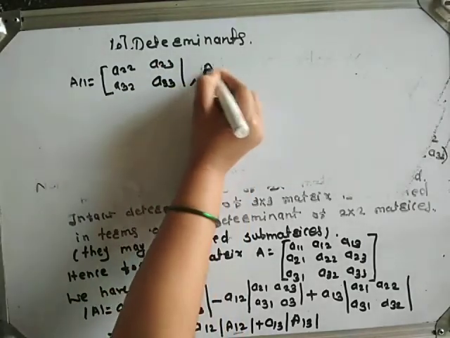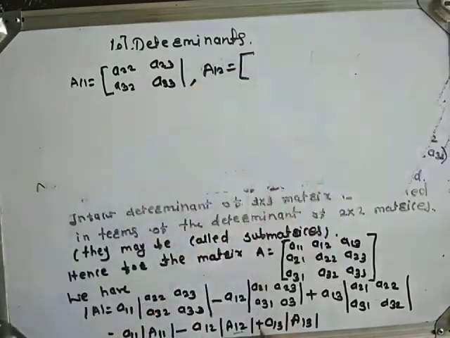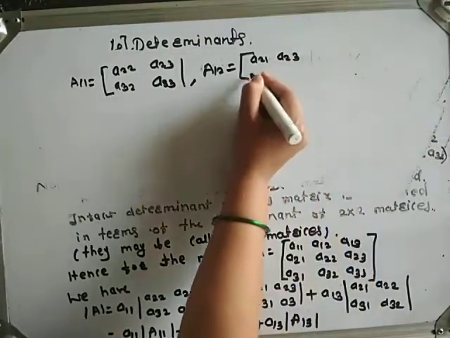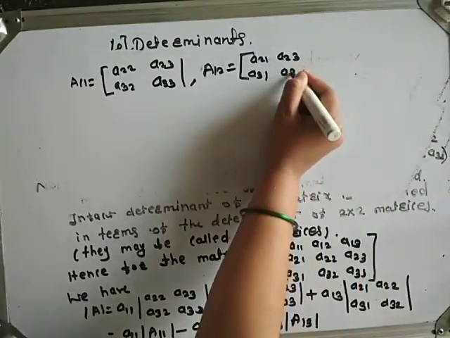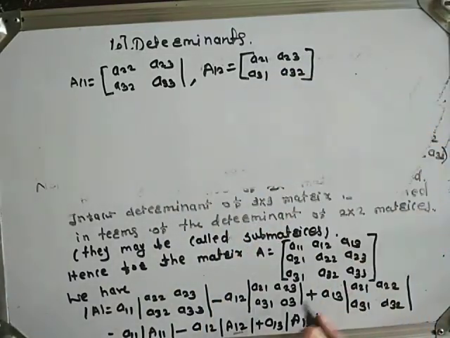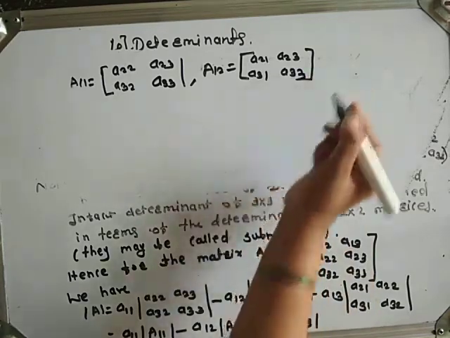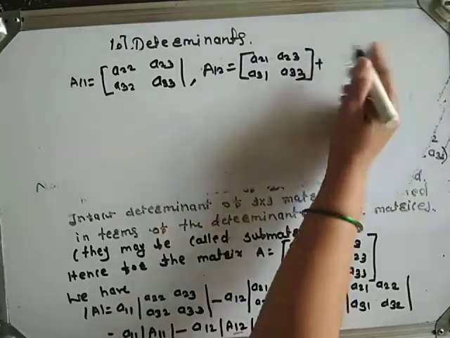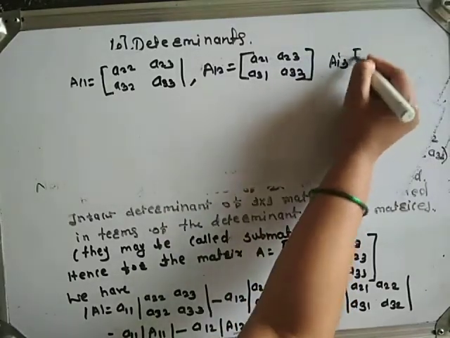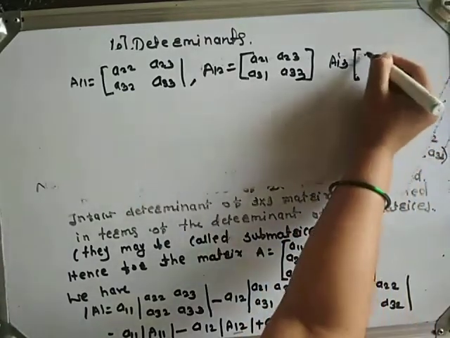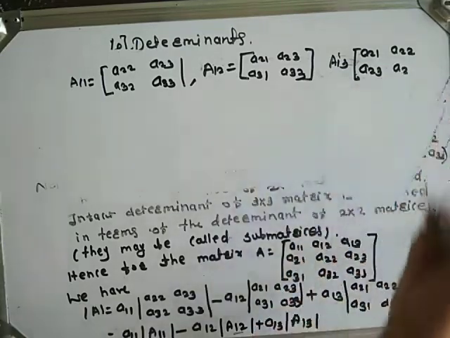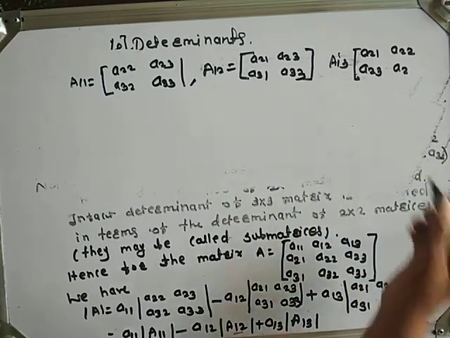Capital A12 is nothing but matrix A21, A23, A31, A33. Capital A13 is nothing but matrix A21, A22, A31, A32.